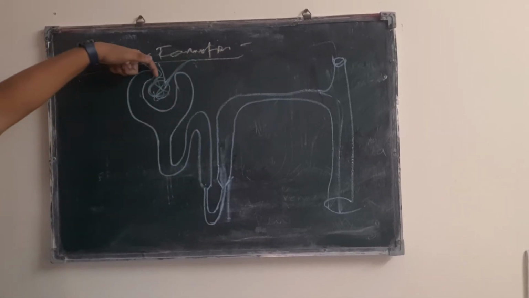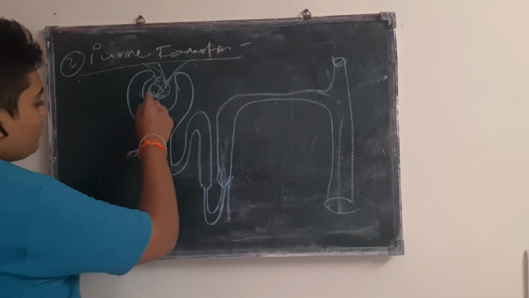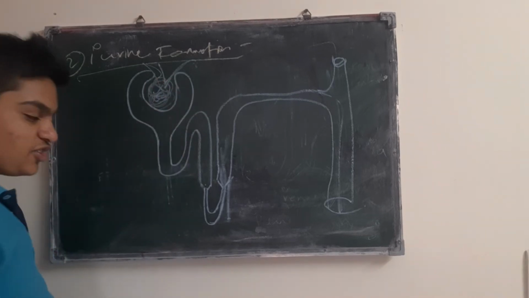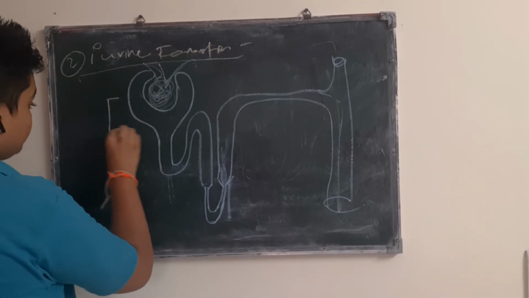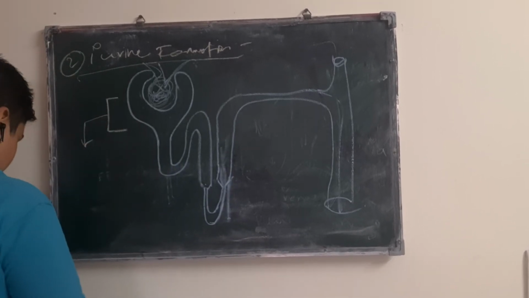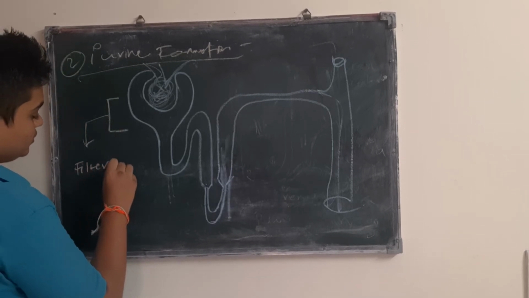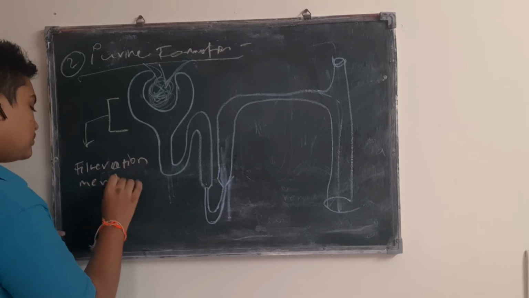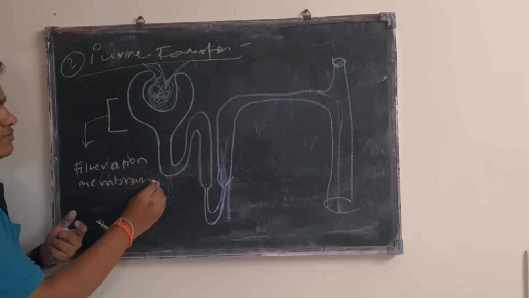Now the blood comes through the afferent arteriole and reaches the glomerulus. Here we have a filtration membrane between the glomerulus and Bowman's capsule. This one is the filtration membrane.